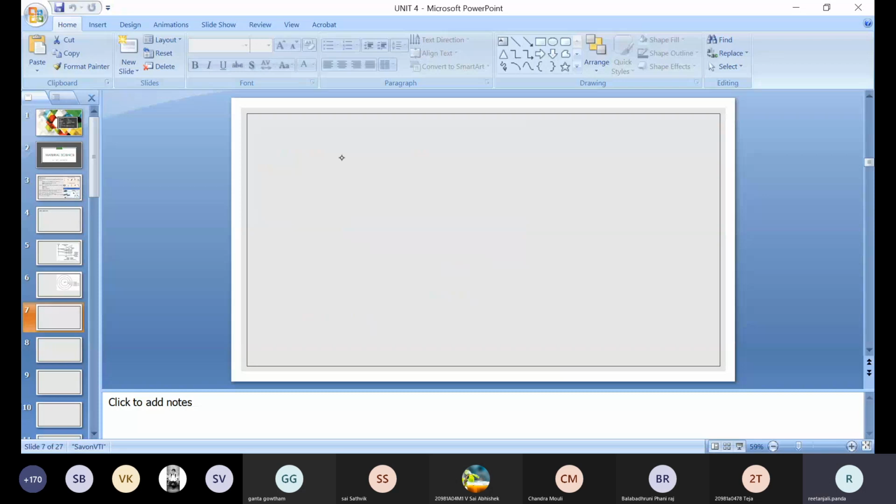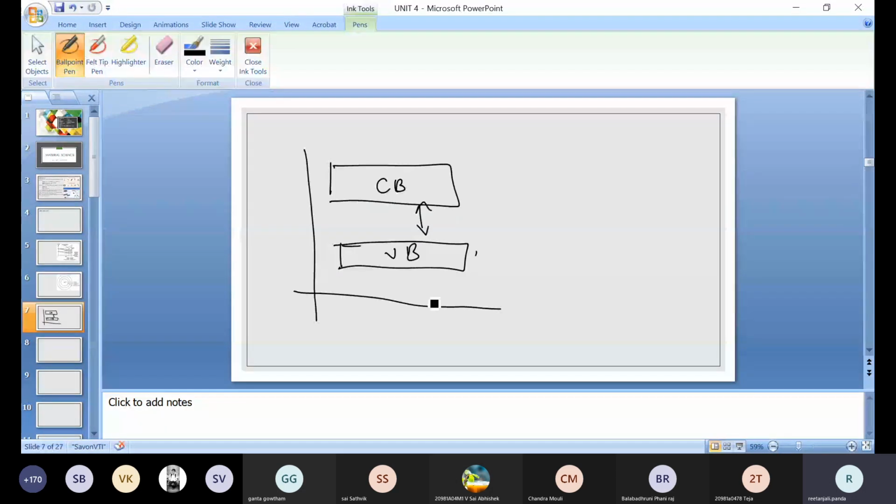This is the valence band, this is the conduction band. If the conduction band and valence band overlap each other, we call it a metal. If they have a very small gap between them, we call it a semiconductor. If that gap is very high, we call it an insulator.